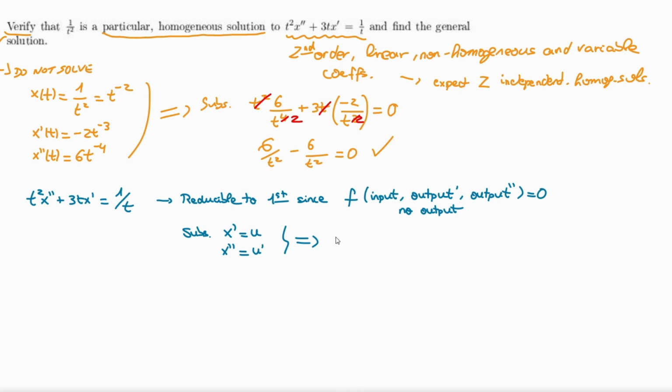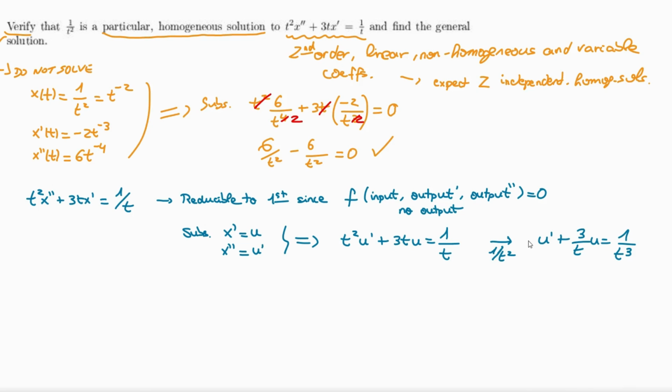So the differential equation transforms to t squared u prime plus 3t u equals 1 over t. Divide everywhere by t squared. So u prime plus 3 over t u equals 1 over t cubed.